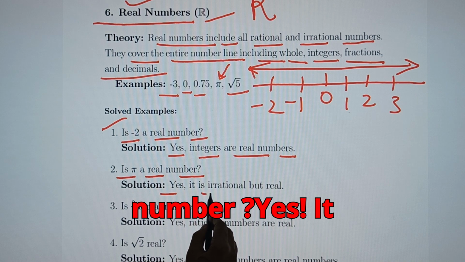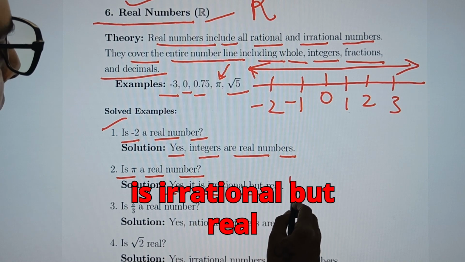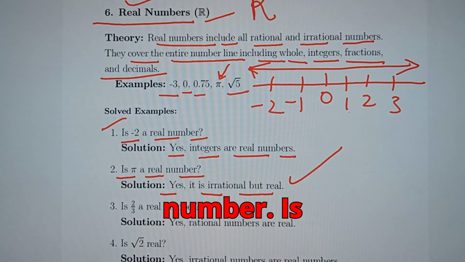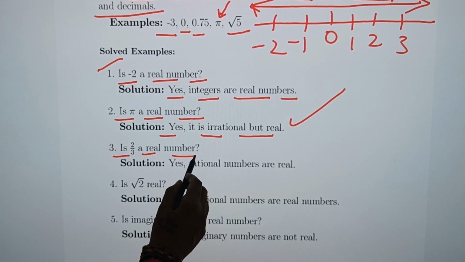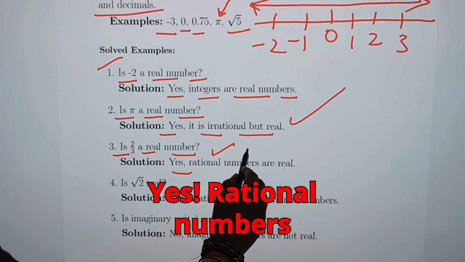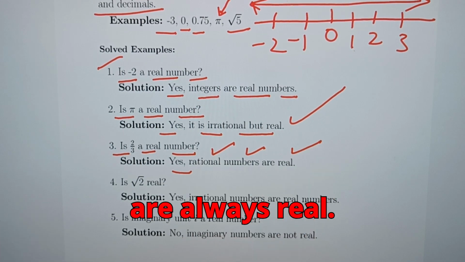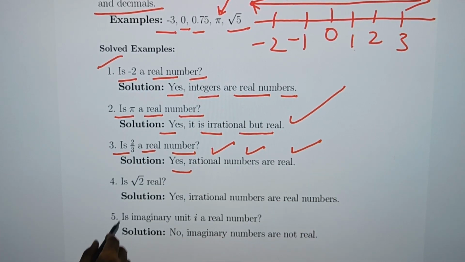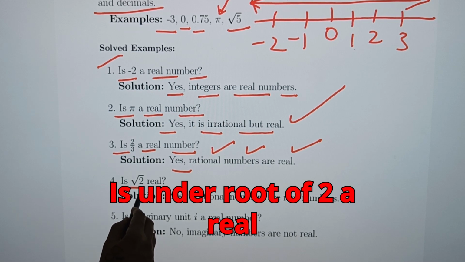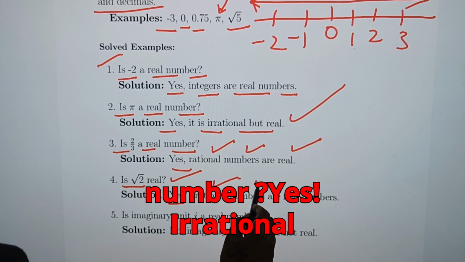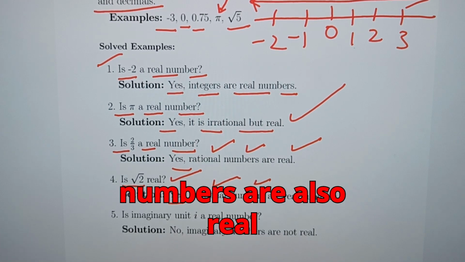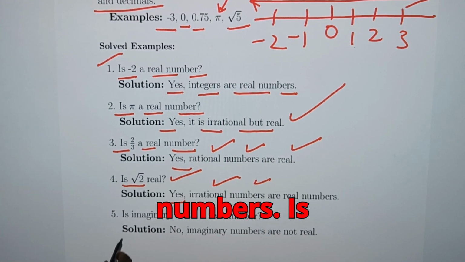Yes, it is irrational but a real number. Is 2/3 a real number? Yes, rational numbers are always real. Is under root of 2 a real number? Yes, irrational numbers are also real numbers.